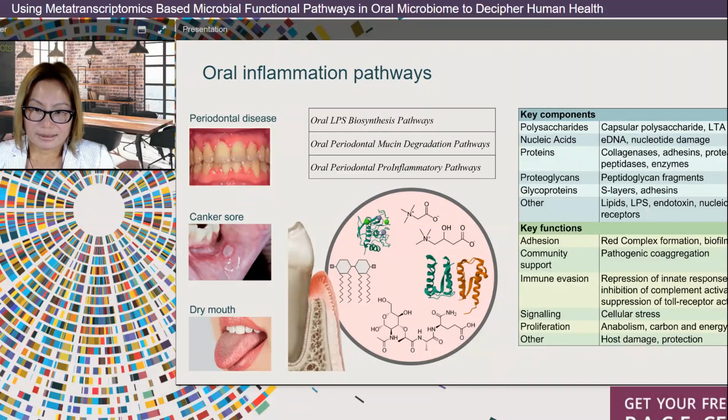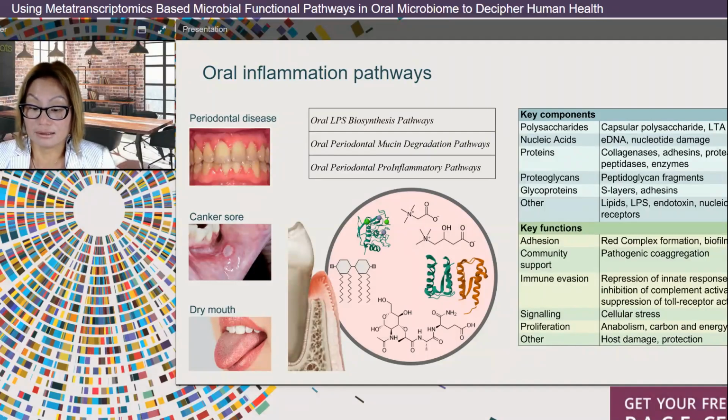So now let me come back to the 3 scores. The oral LPS biosynthesis pathway score is designed to typify inflammatory activities, specifically highlighting contributions of a detrimental gram-negative biofilm. The middle one, the oral periodontal mucin degradation pathway score, is focused on salivary barrier defense, which preserves the health of the oral cavity.